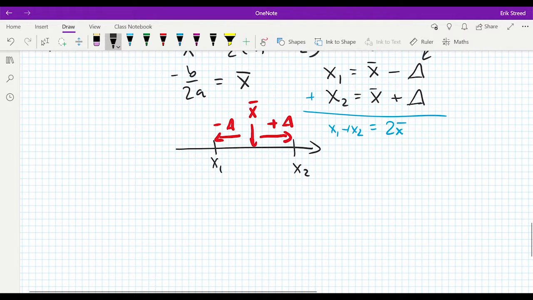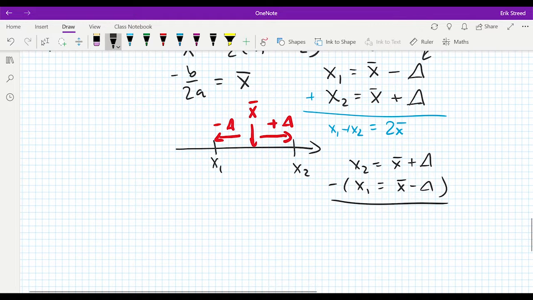But what if we did some subtraction? So what if we had instead x2 is equal to x bar plus delta, x1 is equal to x bar minus delta. And if I just subtracted this whole thing from the top, I'd get x2 minus x1, and I'd see that the x bars would cancel out because they've both got a positive sign, and instead I get delta minus a negative delta, which is just delta plus delta.